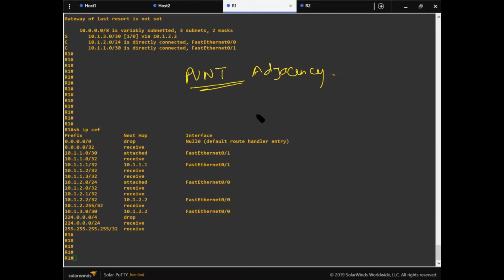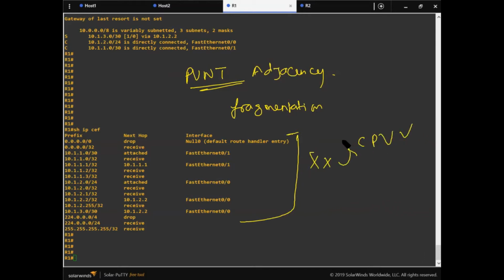So what punt adjacency is saying is that there can be a period of time when the CPU needs to be involved. There can be any reason, but maybe one of the main reasons is that the packet is coming in fragmented form, and your data plane CPU cannot handle it. So your control CPU needs to be involved in those cases.